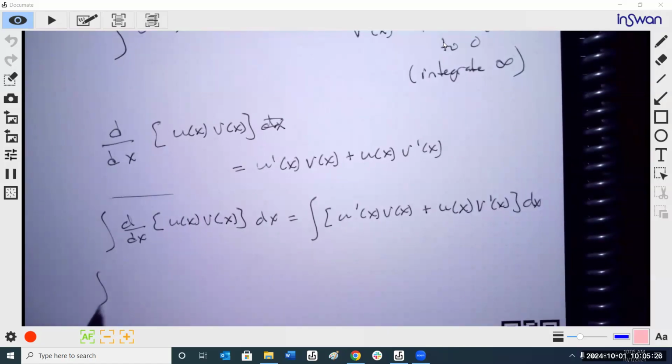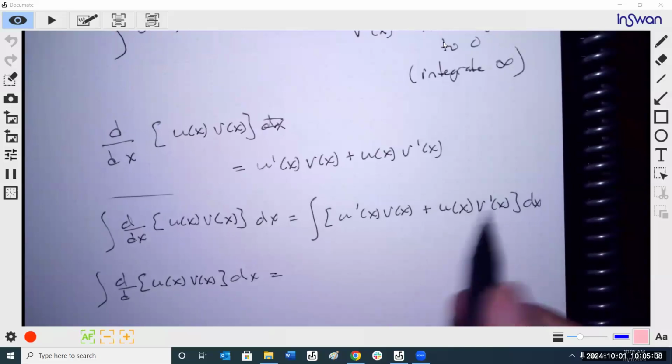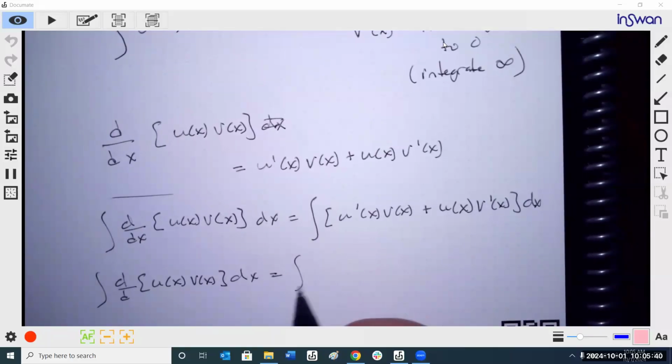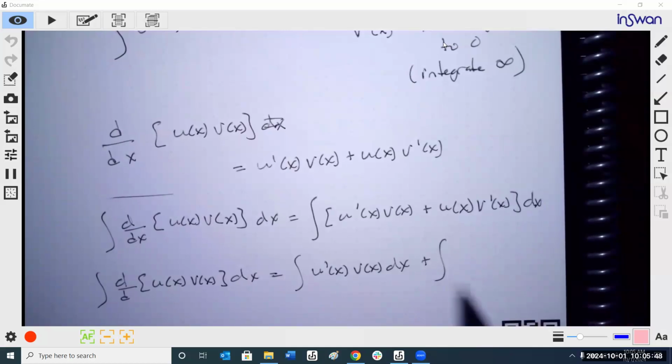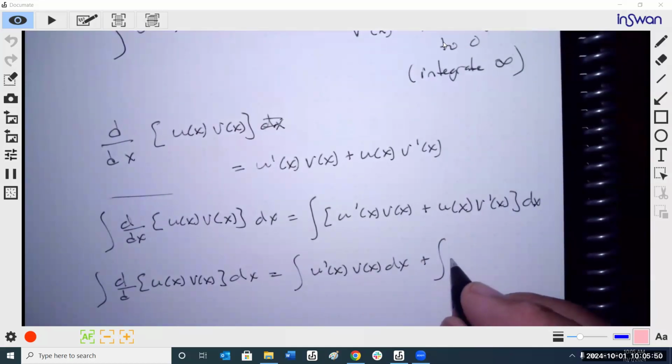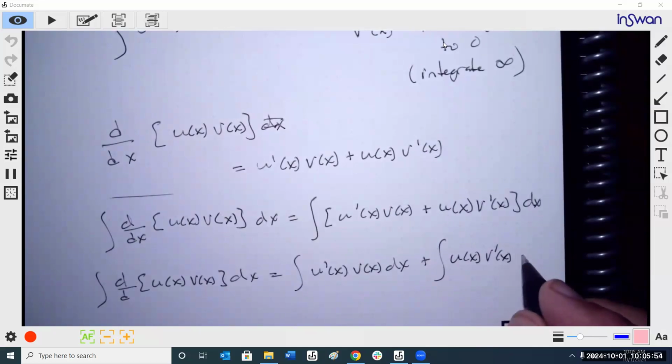If we simplify this, we have the integral of the derivative of u(x) v(x) with respect to x. We can now distribute: the integral of u prime of x v of x dx plus the integral of u of x v prime of x dx.